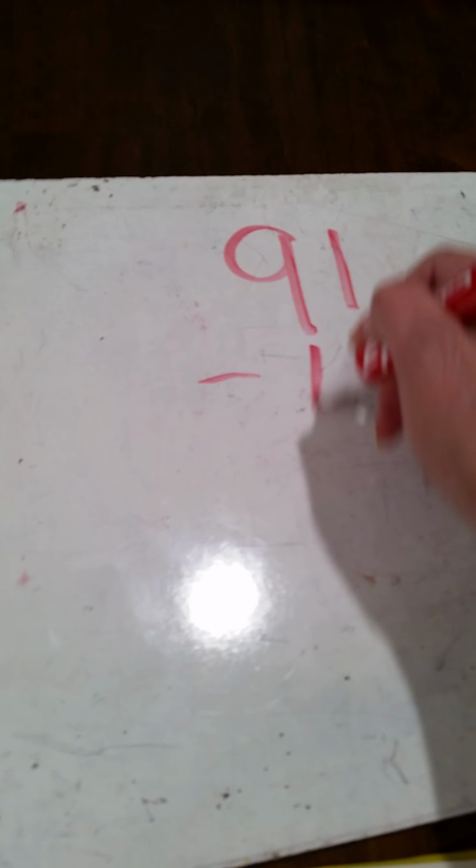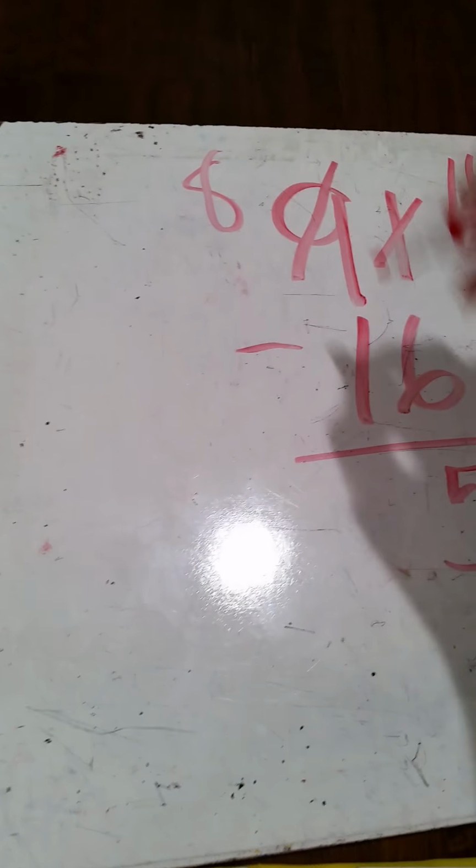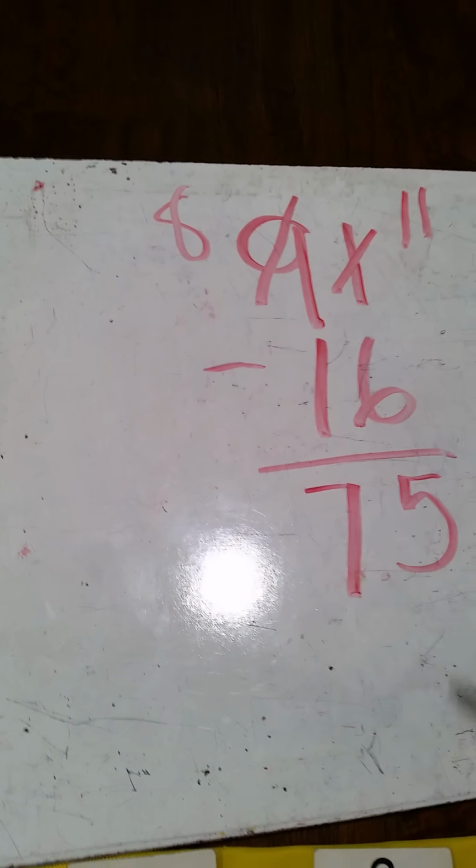All right, now, we've talked about 91 minus 16. We've talked about borrowing from the tens place and putting that 10 in the ones place. 11 minus 6 is 5. And 8 minus 1 is 7.